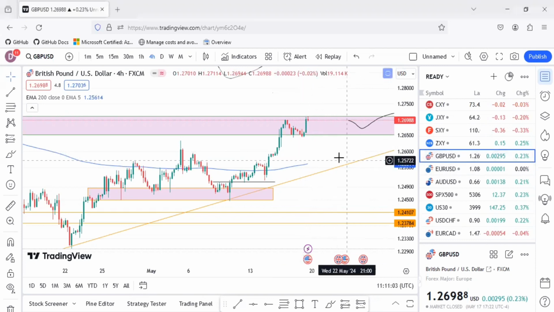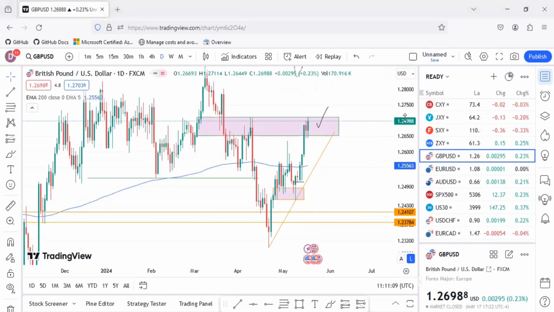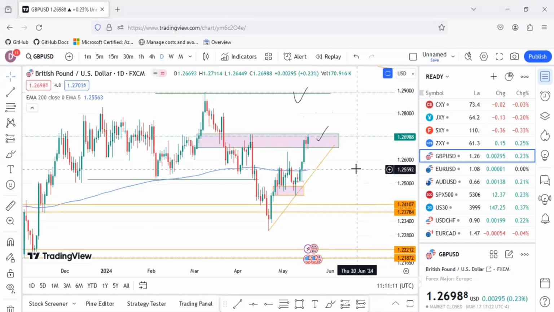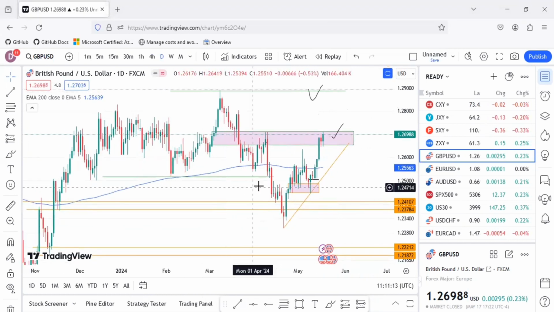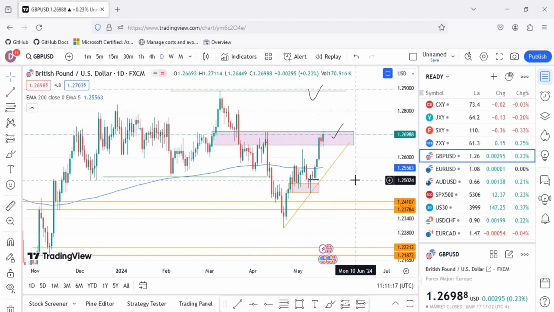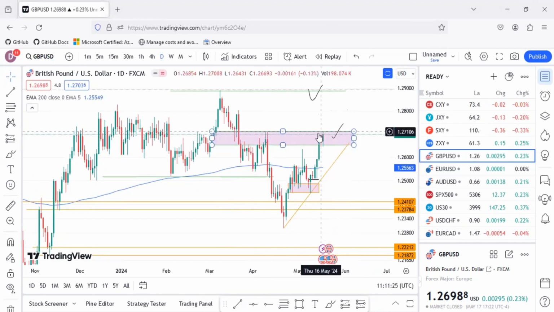Now on GBP USD, if you go to our daily time frame, if you have watched my previous video on GBP USD, you will know that we have been waiting for this particular level where the price is right now. Now that the price is at this level, what is the next thing for us to do?